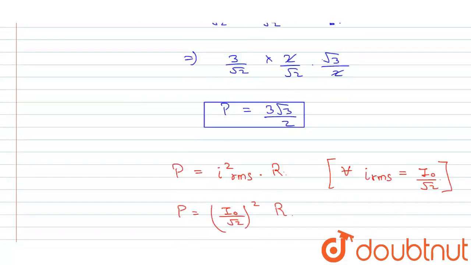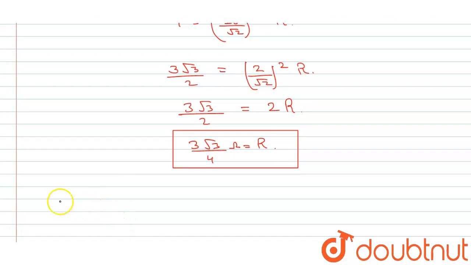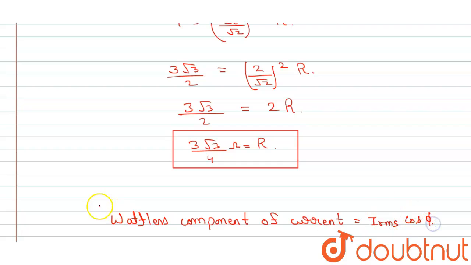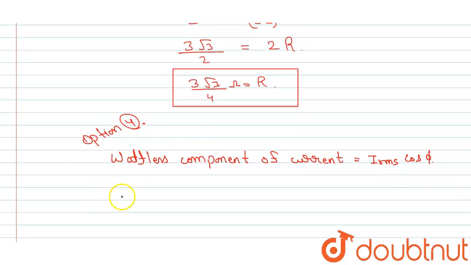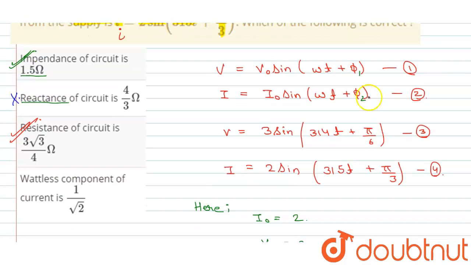When we talk about the wattless component of current, it will be equal to Irms sin phi. Here we are talking about the current, so we use the value of phi as phi 2, which is pi by 3.